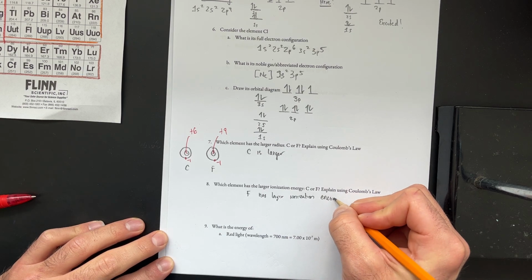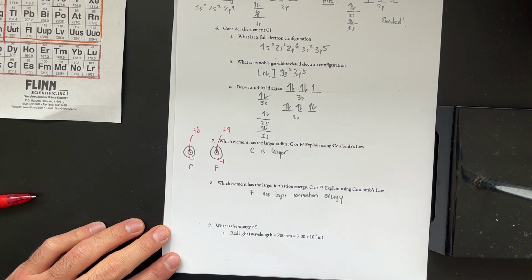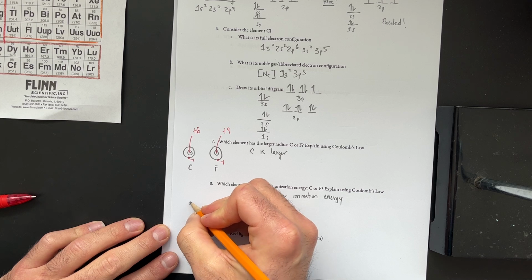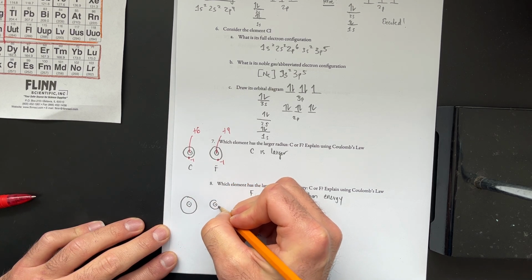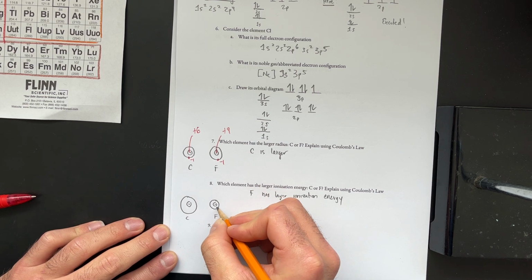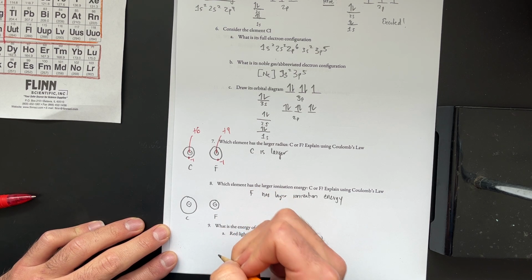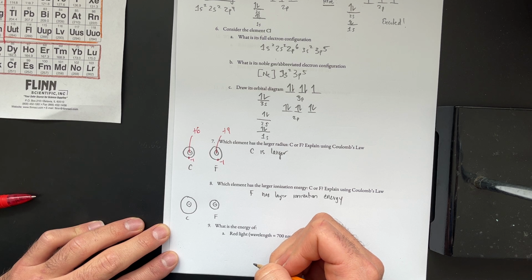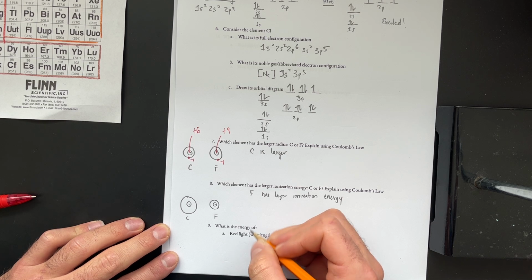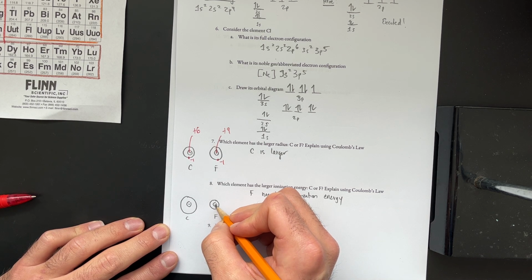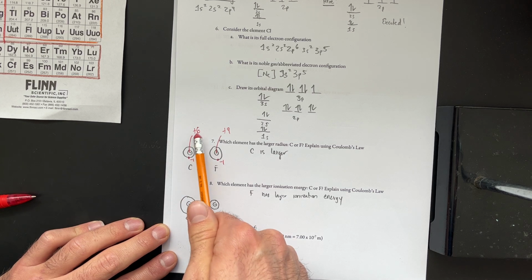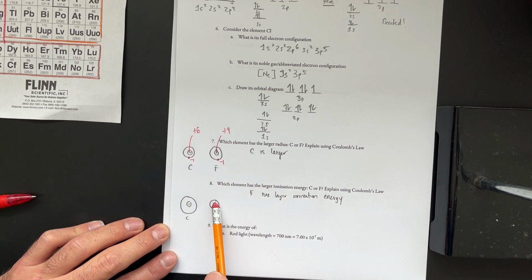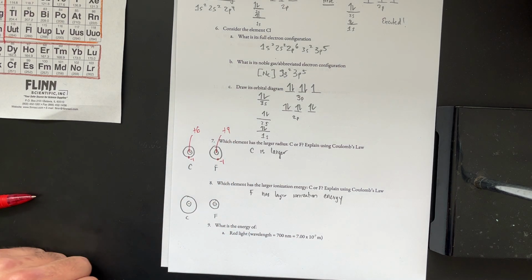if you have a smaller atom, and I'm going to exaggerate this a bit so you can see it, this atom is going to be able to hold on to its electrons better because of Coulomb's law. Distance is less. There's less distance between the positive center and the electron, and therefore it's going to be able to hold on to it better. Also, you can make the argument of +6 versus +9. +9 is going to do a better job of holding on to its electrons.